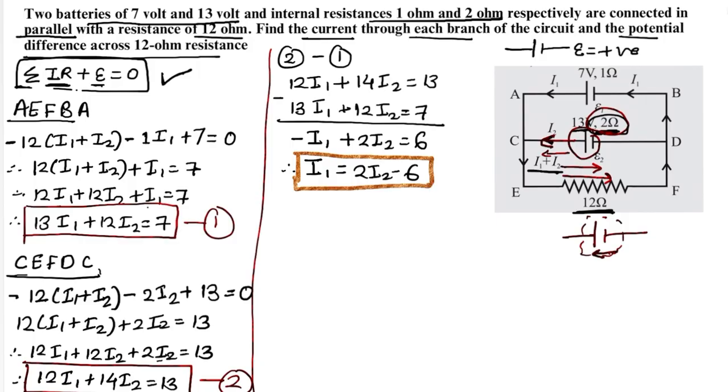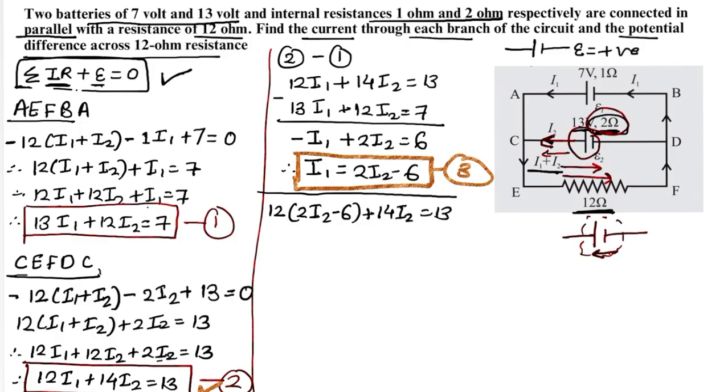Now the next step will be, we have to use the value of I1 in equation 2. So let's substitute this value. If we substitute the value of I1 in equation 2, the equation will be 12 in bracket 2 I2 minus 6 plus 14 I2 is equals to 13. Hence it will be 12 into 2, it will be 24 I2 minus 12 into 6, it will be 72 plus 14 I2 is equals to 13.